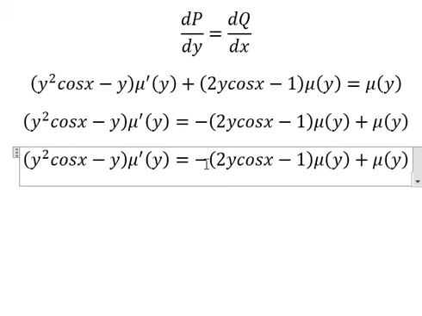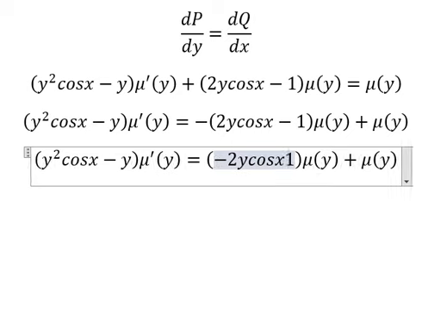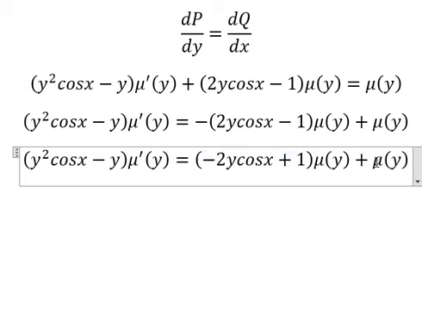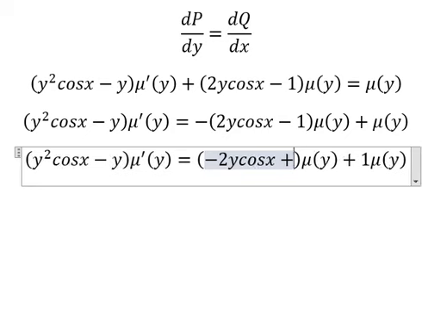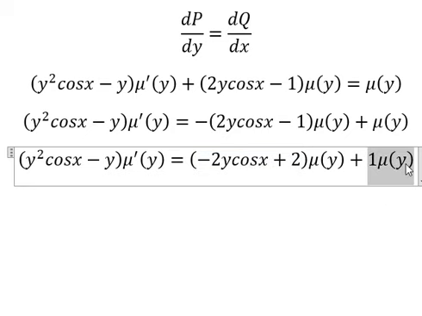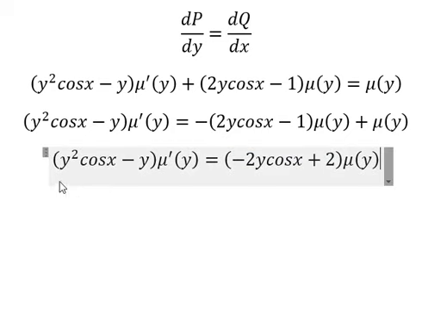So this negative number 1, negative in here, you got about positive number 1, and negative with this one we have negative 2y cosine x. So this one we have number 1 plus number 1 in here, so we have number 2. Next we can do about factorization by y.